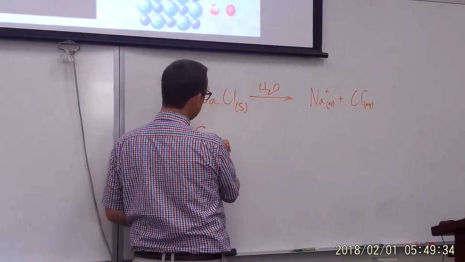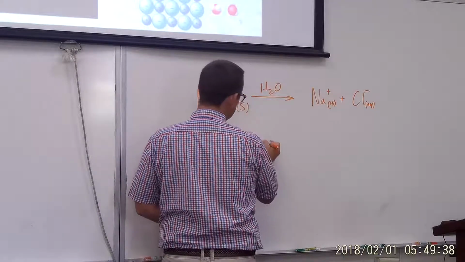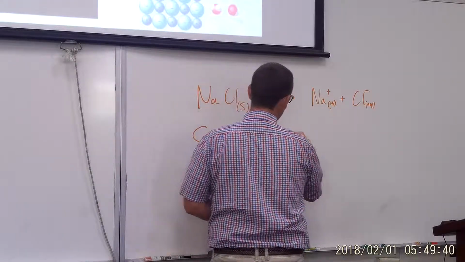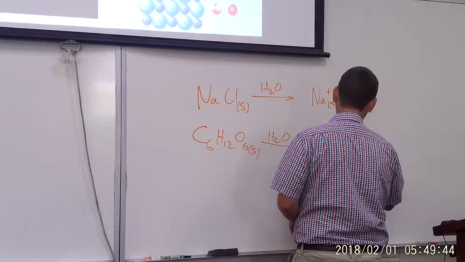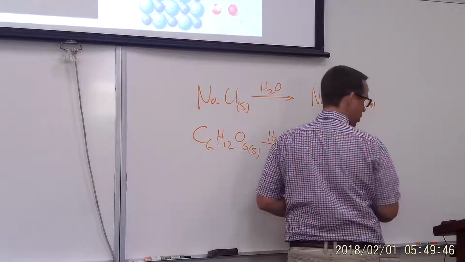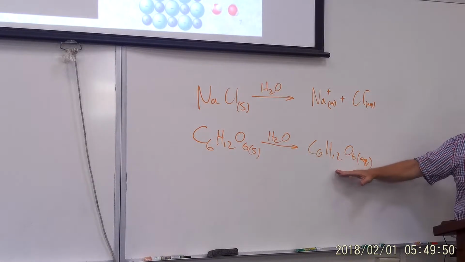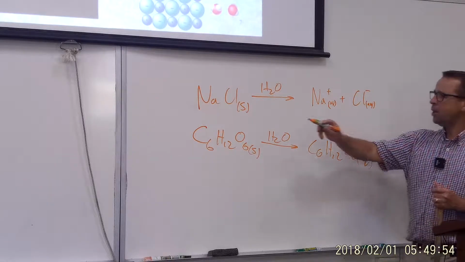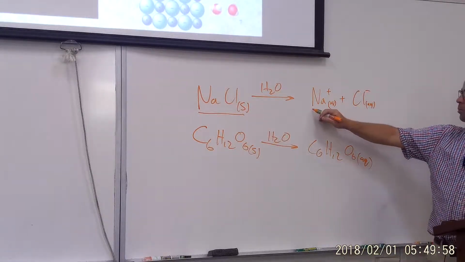So our chemical formula for sugar, C6H12O6, right? Solid. I put it into water, C6H12O6, aqueous. It will dissolve, all right? And it will be soluble in water. We've done that before.